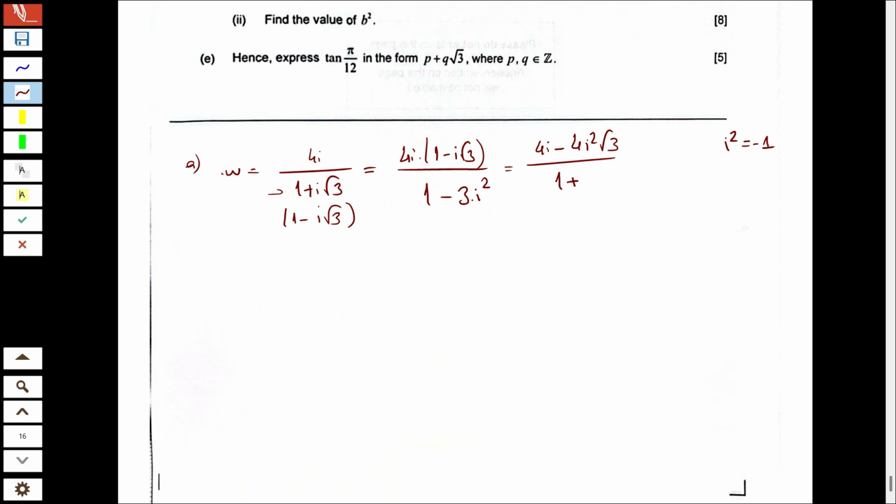In this case, there are 1 plus 3. So w will be 4i plus, again here it is going to be minus 1, so 4 square root of 3 divided by 4. If we cancel 4, we will get i plus square root of 3.